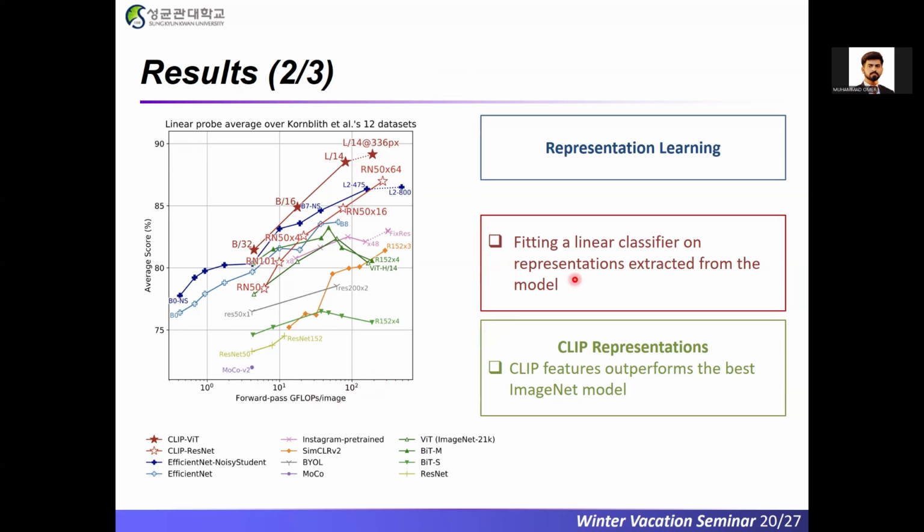They made a comparison by fitting a linear classifier on representations extracted from a model on top of the CLIP ViT, and they checked how well CLIP performs compared with other models in terms of computational cost. So in terms of computational cost, we can see that CLIP has performed way better.